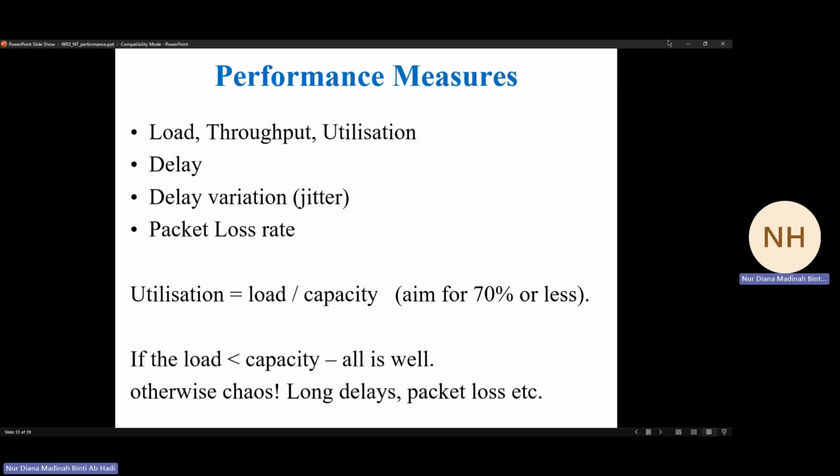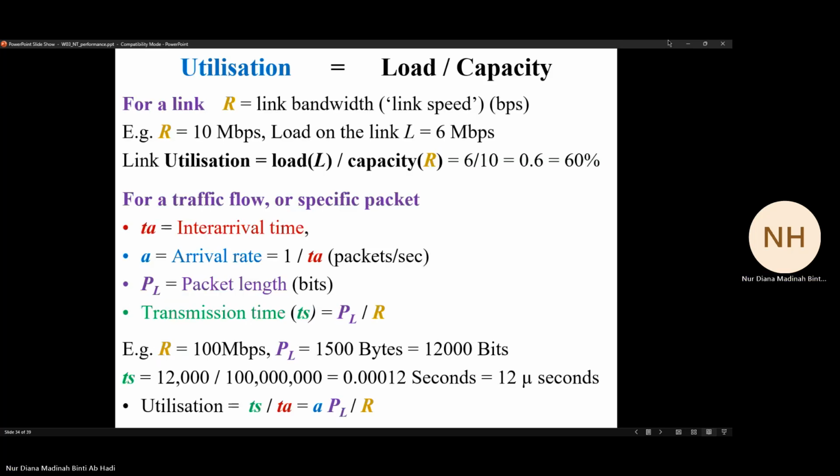So utilization is equivalent to load divided by capacity. Usually we will aim for less than 70%. If your load is less than capacity, everything is good. If not, you're going to have long delays, you're going to lose your packets, and a lot of other network issues, okay?